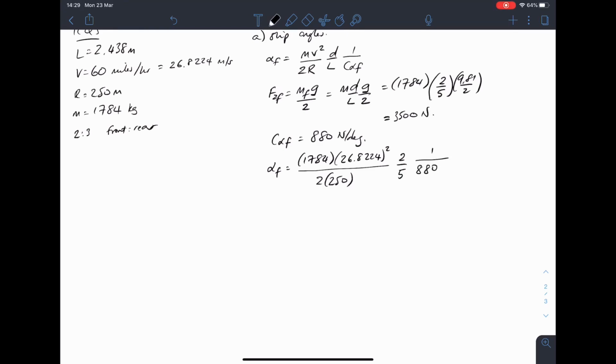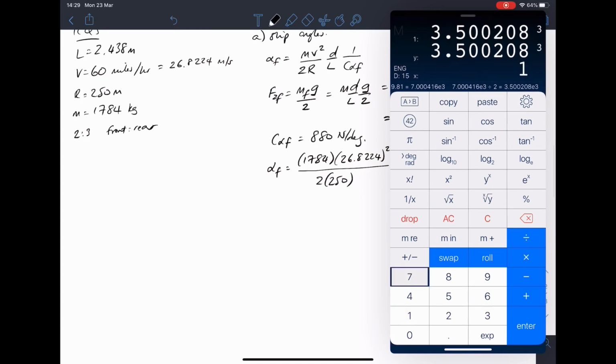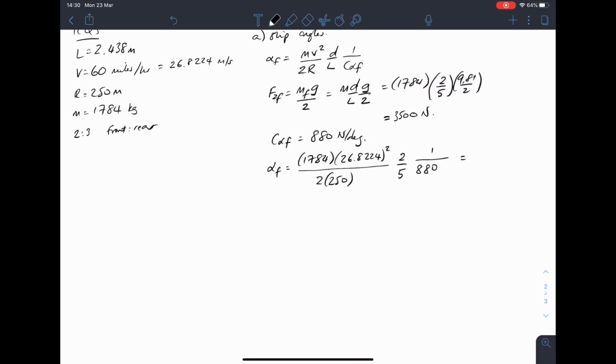And if we do that sum, we get 1784 times 26.8224 squared, divided by 2, divided by 250, and then we've got d upon L, so times 2 divided by 5, and then we've got C alpha F, which is 880, so we get 1.167 degrees for alpha F.